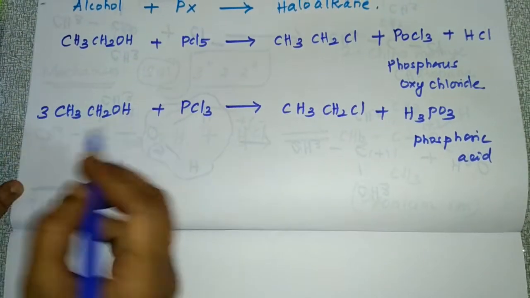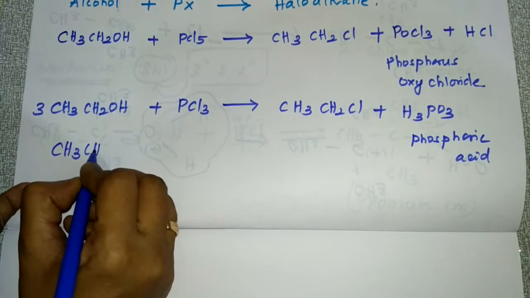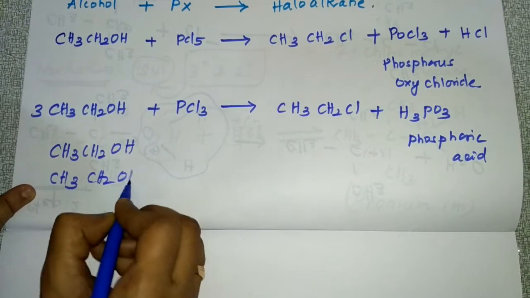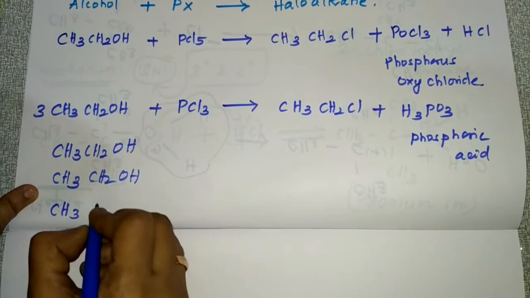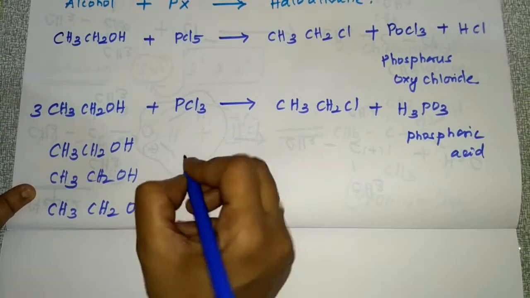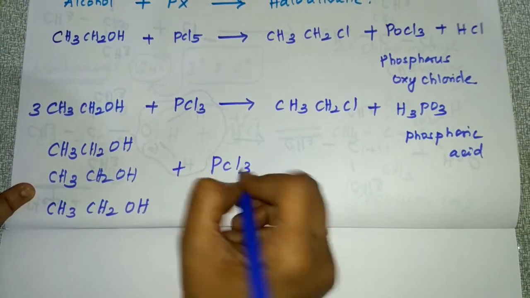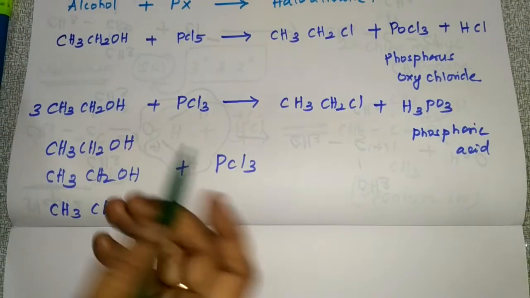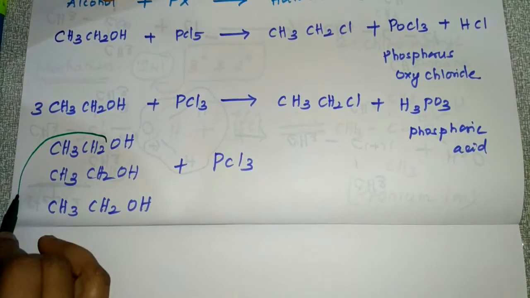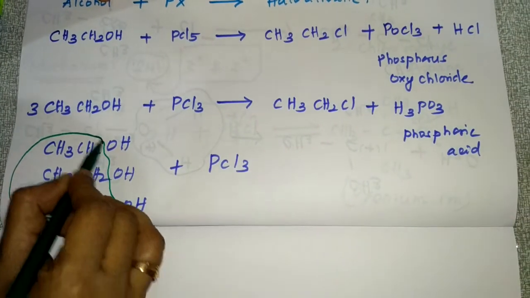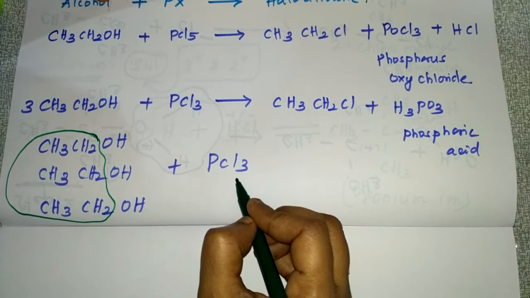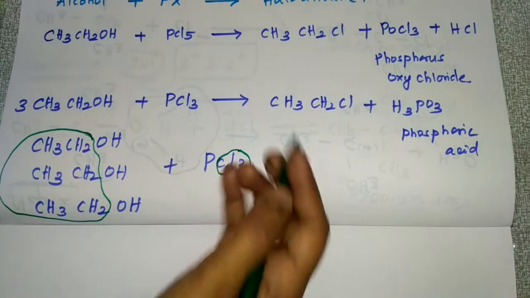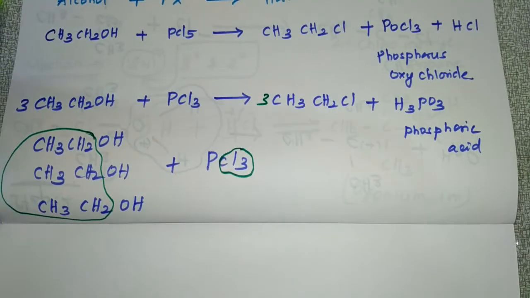And here you are going to take 3 CH3CH2OH plus PCl3. The product formed will be 3 CH3CH2Cl.